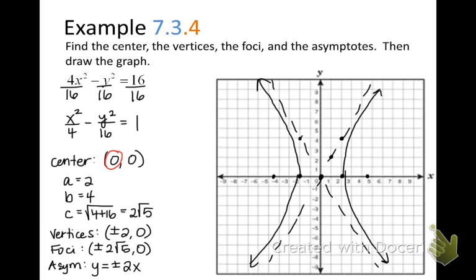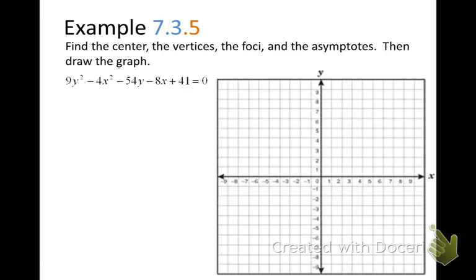Any questions on that? Okay. Let's do one more. So for this one, we have a little bit more work to do, but again, we should be very confident with our completing the square skills at this point, right? All right.